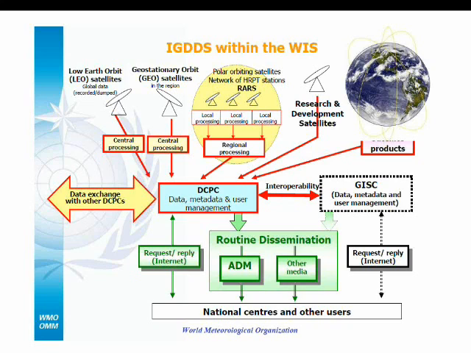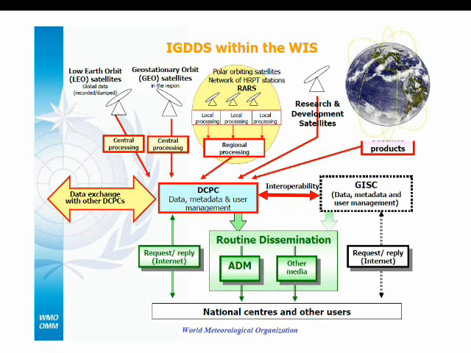It's IGDDS. It's currently partly in operation. And Asia, Europe, and the US just this March started the inter-regional exchange of regional satellite data. And probably next year, Australia and other countries join such a regional network.